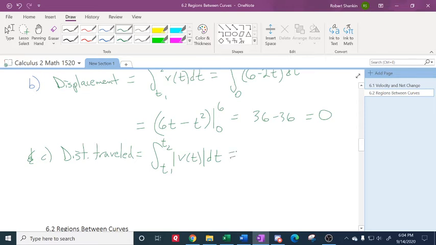Now when we do this, 0 to 6 of the absolute value of 6 minus 2t, this is usually too awkward to integrate. We usually don't like absolute value stuff, so we get rid of it.